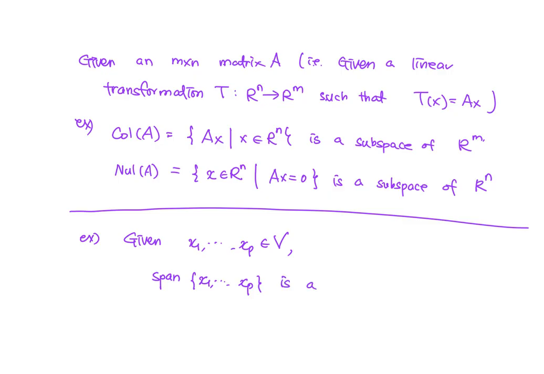And that is a subspace of V. So whatever these vectors x1 up to xp are, if you consider the collection of all the linear combinations of the given vectors, then this set will generate a subspace or vector space.